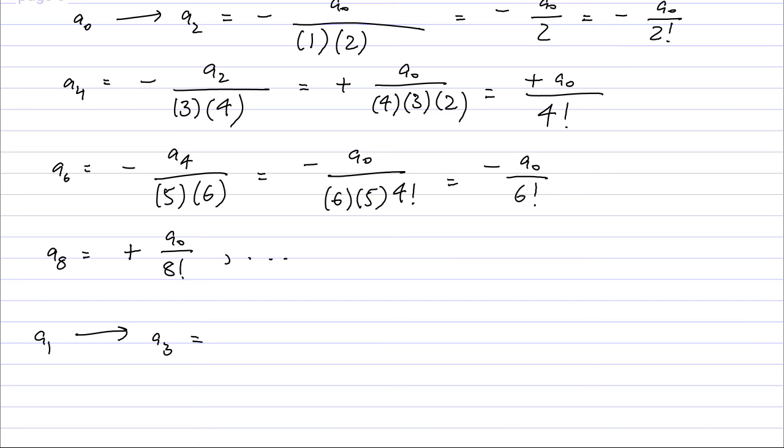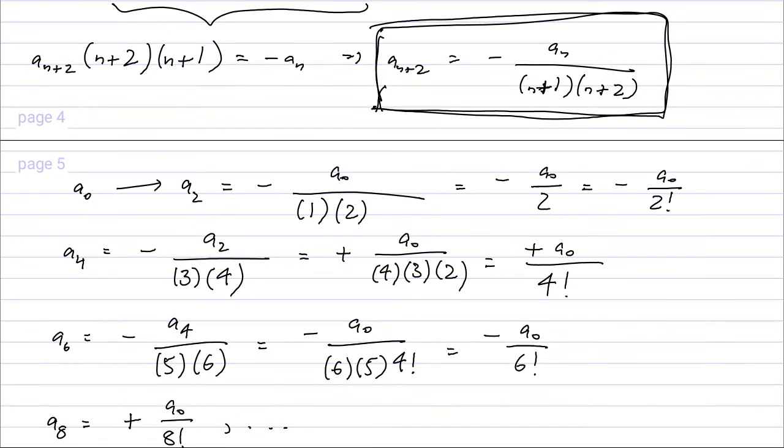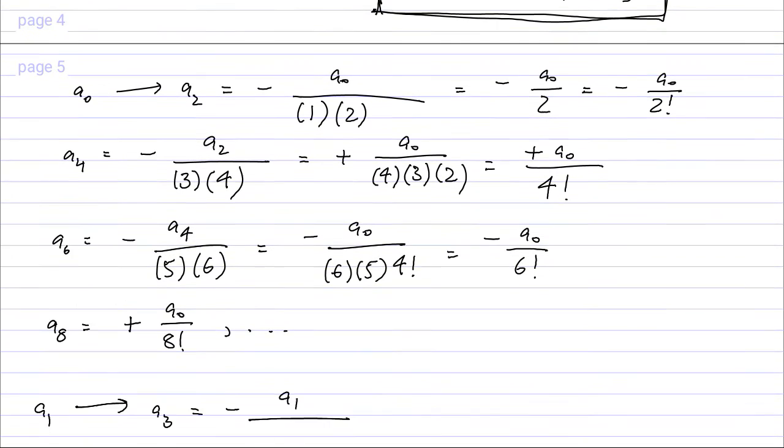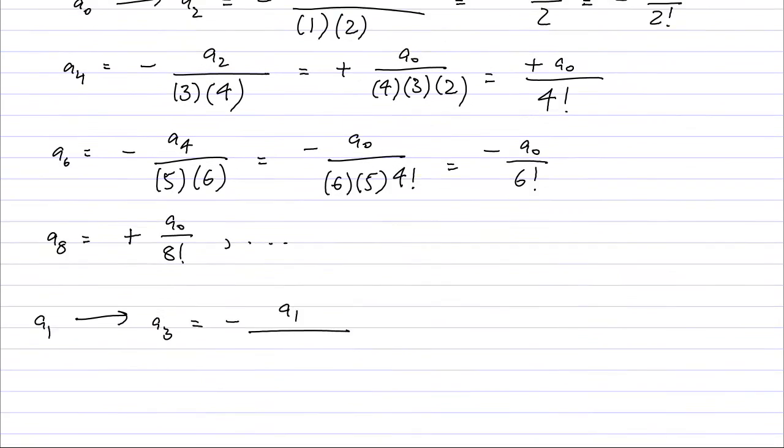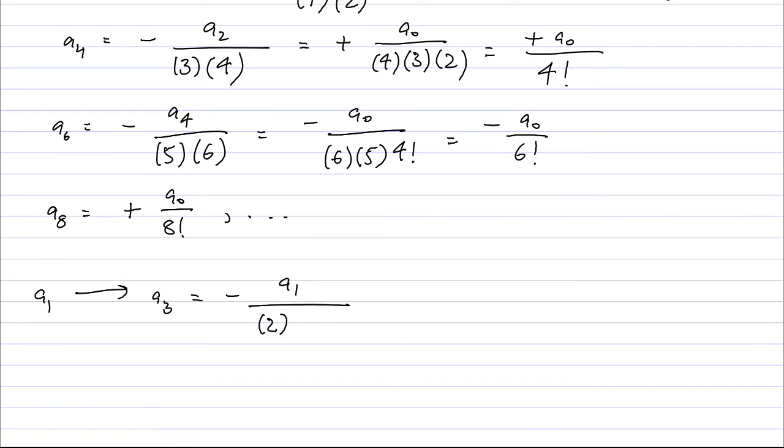Similarly, if I start from a1, then I can write down a3, which is going to be given by minus a1 over, just using this recursion relation, and you remember n is equal to 1. So you have 1 plus 1 is equal to 2, and 1 plus 2 is equal to 3. So you have 2 and then 3, which I just write as minus a1 over 3 factorial.